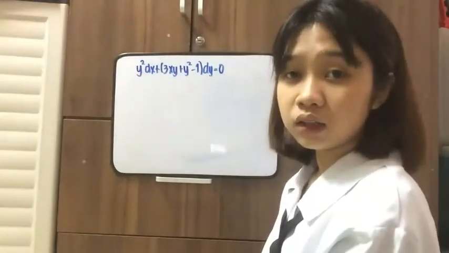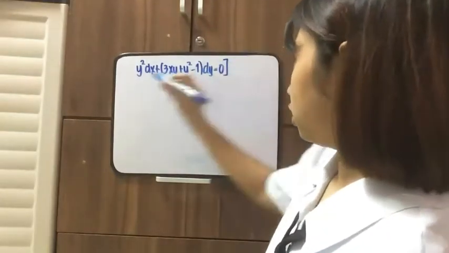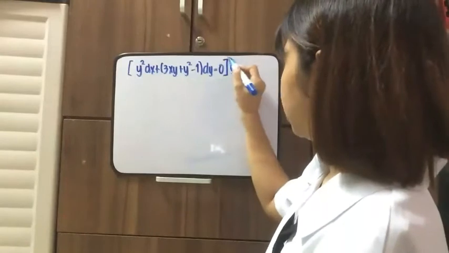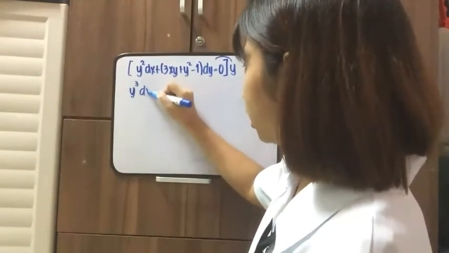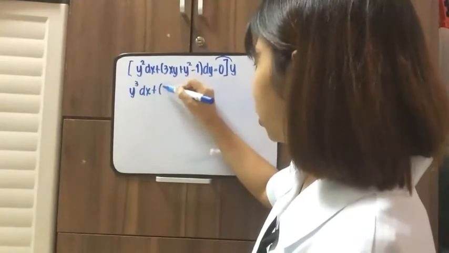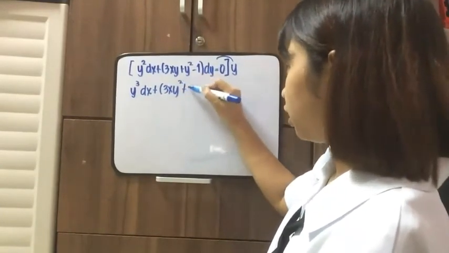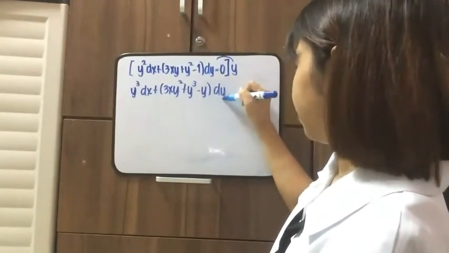So, ang na-solve natin na integrating factor is y. So, we are going to multiply it by y. Distribute, it will become y cubed dx plus quantity 3xy squared plus y cubed minus y dy.